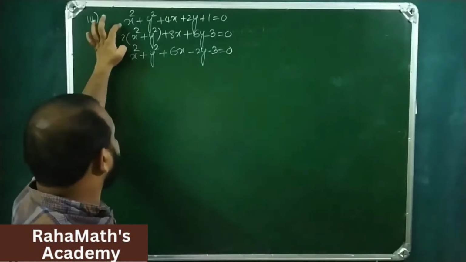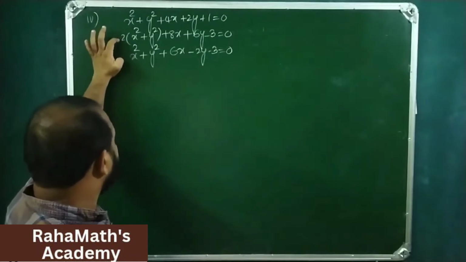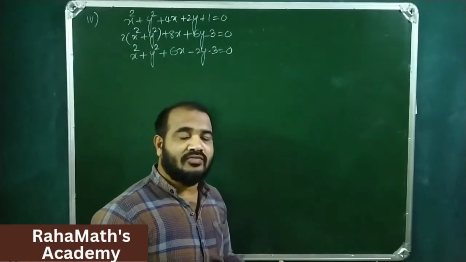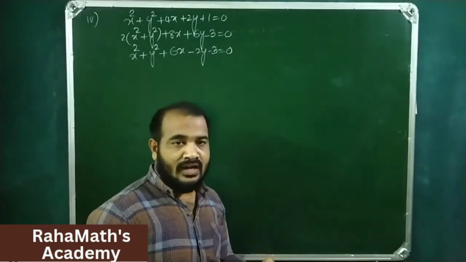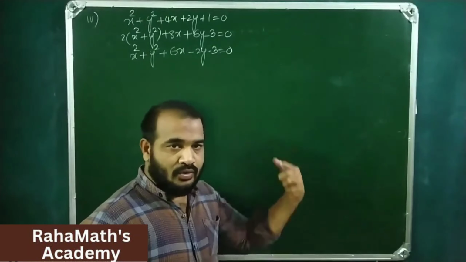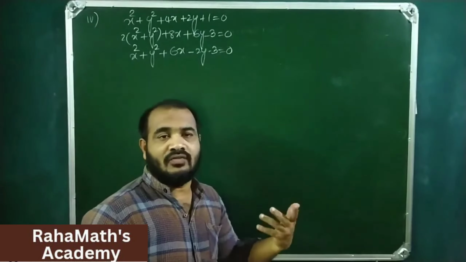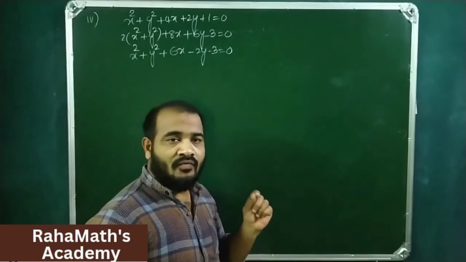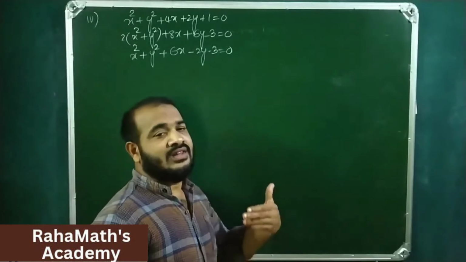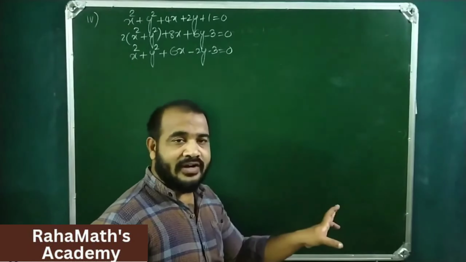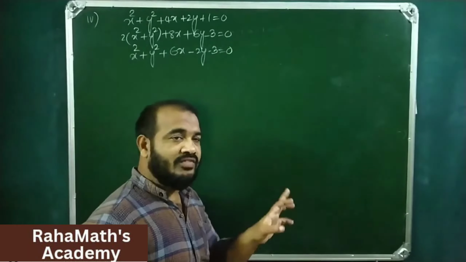Let us take the given ones to be S dash, S double dash, S triple dash, and the orthogonal condition is 2gg dash plus 2ff dash equals to c plus c dash. Let us use it for all three and solve. Then we will be getting the g, f, c values. That is one method. Otherwise, the second method is what we are discussing. So let us try to do the problem in both the ways.